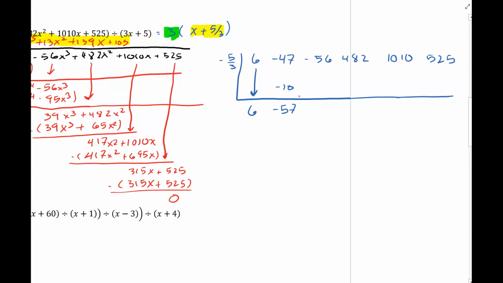Okay. If I do negative 5/3 times negative 57, what do I get there? I think I get 95. And if I add down, I get here 39. And negative 5/3 times 39 is negative 65.